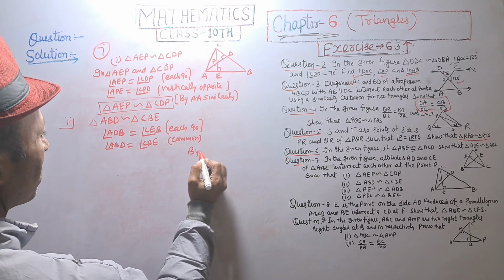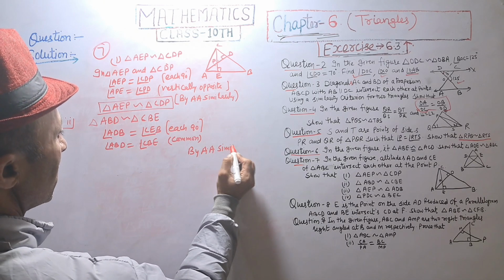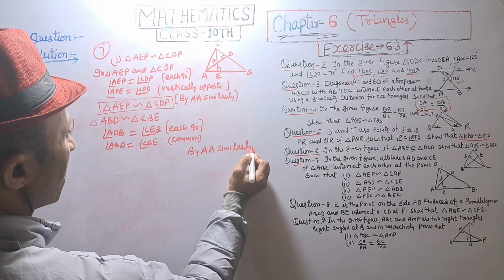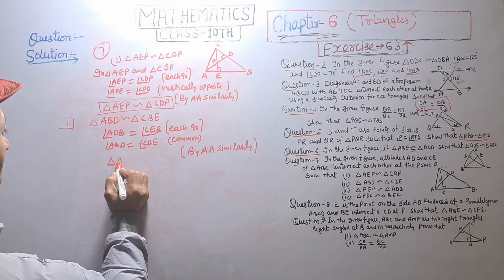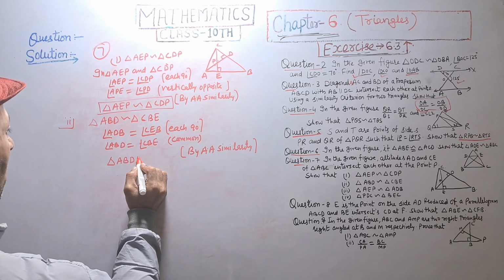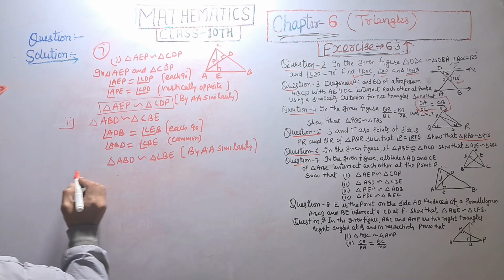By angle similarity, we get triangle ABD is similar to triangle CBE.